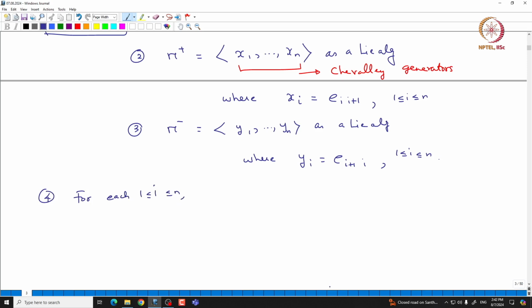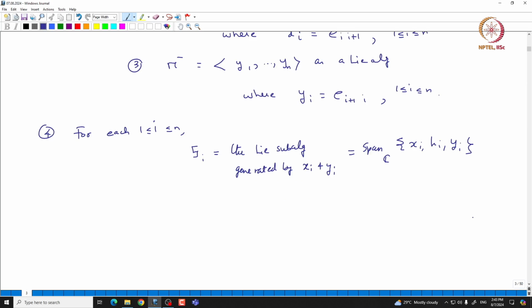Let us look at the subalgebra generated by x_i and y_i. Let us call it S_i. This is the Lie subalgebra generated by x_i and y_i, which will naturally be the span of x_i, h_i and y_i, and this is indeed isomorphic as a Lie algebra to sl_2(C). So, this is a 3-dimensional simple Lie algebra.